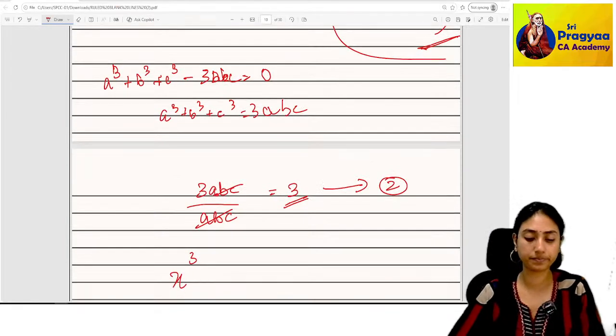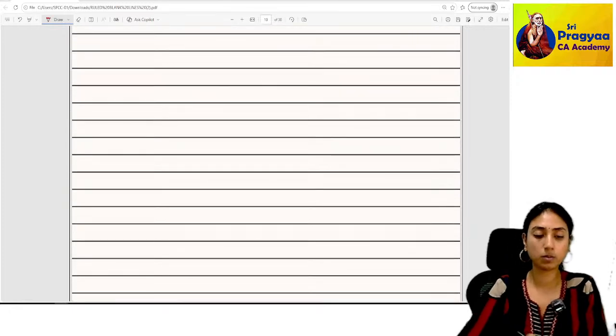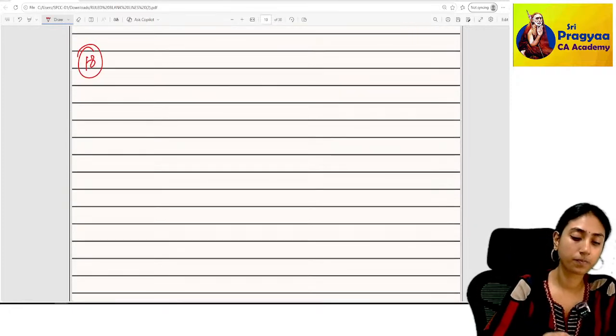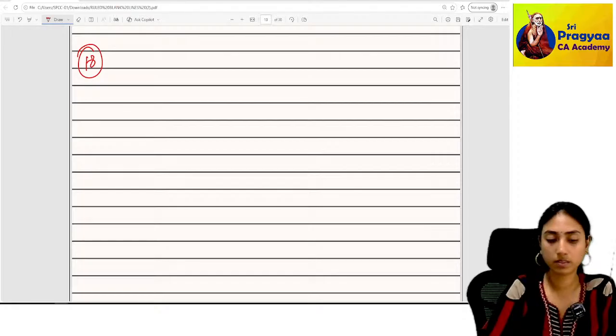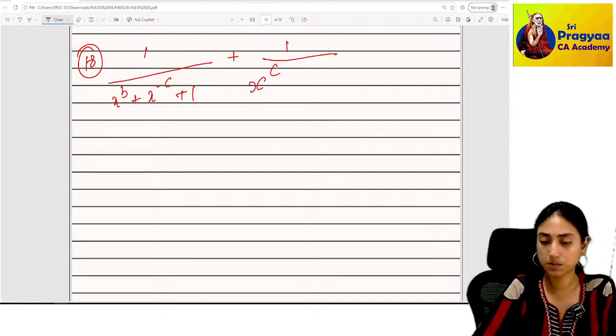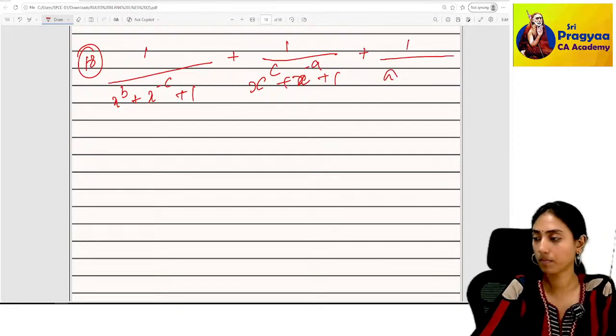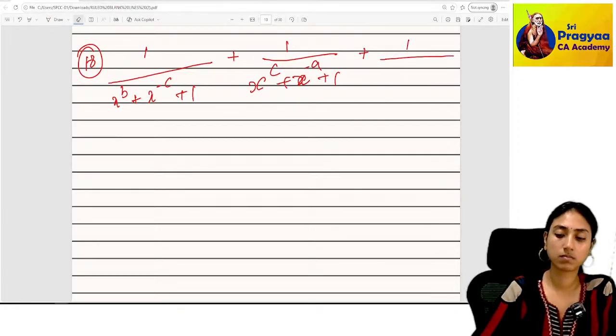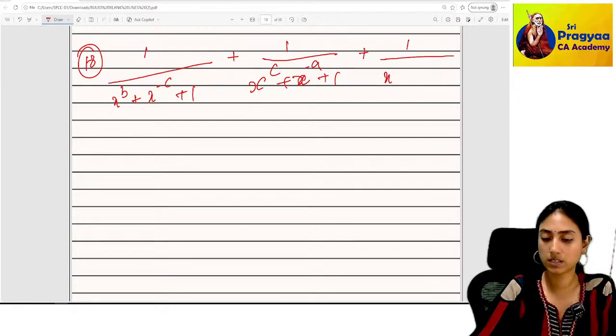Next, problem number 18. X power c plus minus x power a.